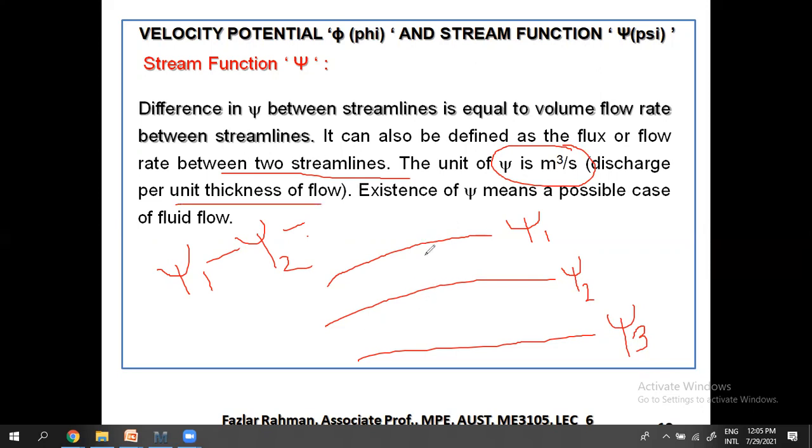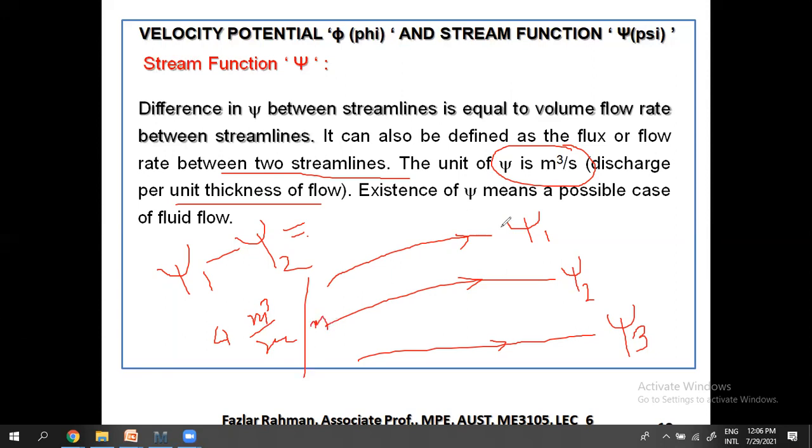Say you are looking at the flow at the top surface of a river, then you can say at the top surface, this streamline is valid until the depth is 0.5 meter or 1 meter. Then you can say psi 1 minus psi 2, you got 4. So your result unit will be meter cube per second per meter of thickness.